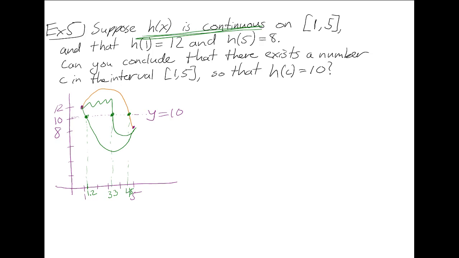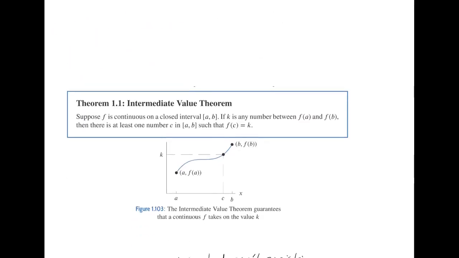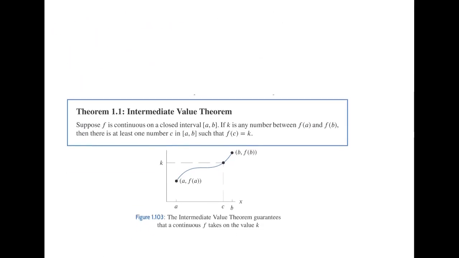So there must be some x-coordinate c, so that when you plug it in, the y-coordinate is 10. So the answer to the question is yes. Okay. So that's an example of why the intermediate value theorem applies.